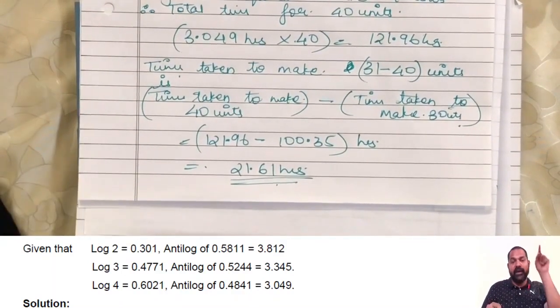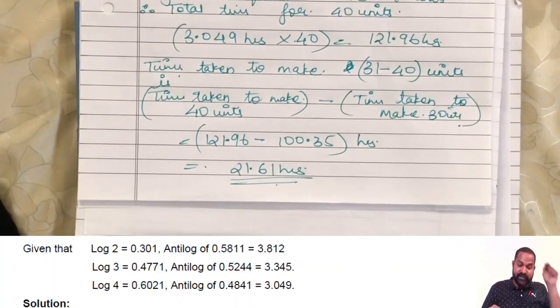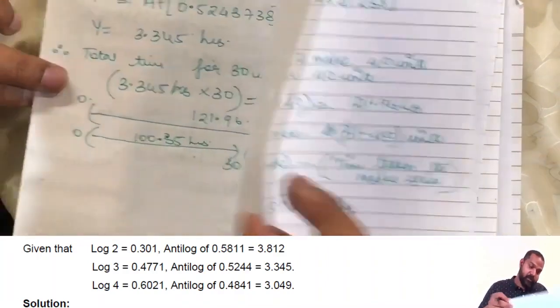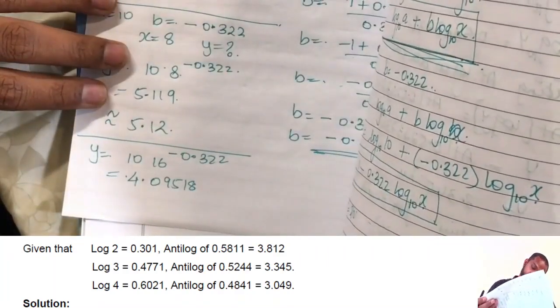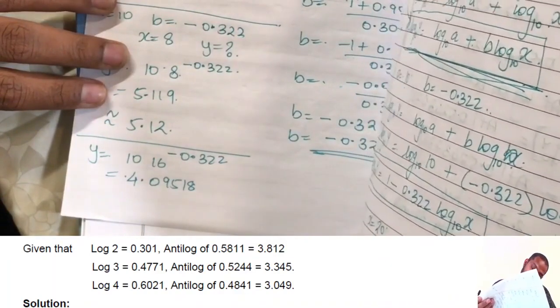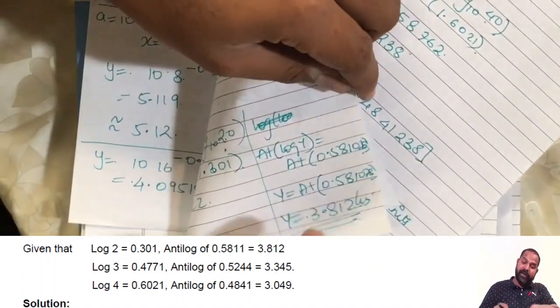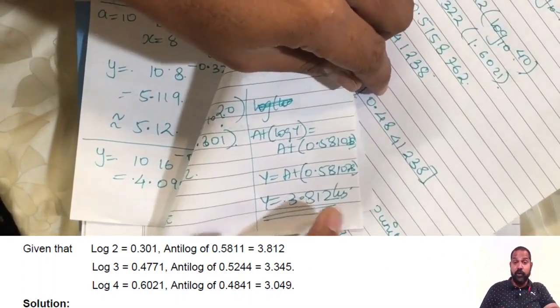Average time taken to make 20 units is 3.812 hours.